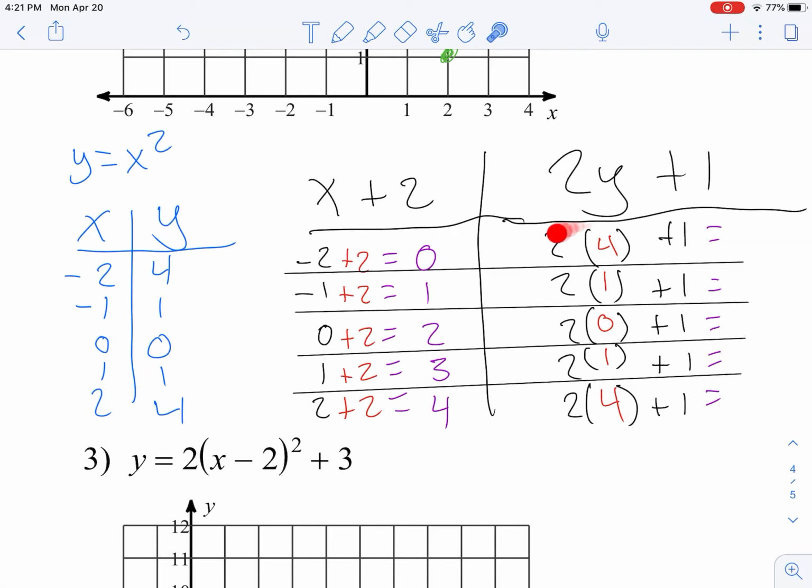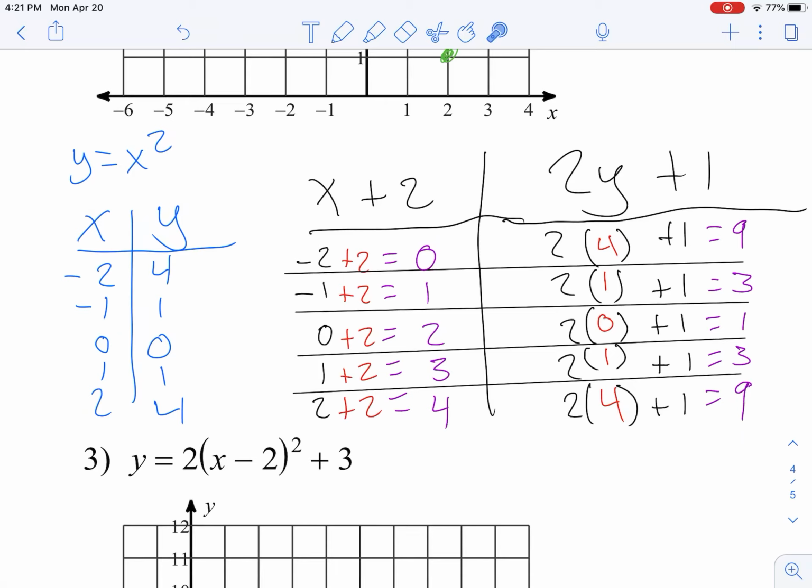So 2 times 4 is 8, plus 1 is 9. 2 times 1 is 2, plus 1 is 3. 2 times 0 is 0, plus 1 is 1. 2 times 1 is 2, plus 1 is 3. And 2 times 4 is 8, plus 1 is 9.